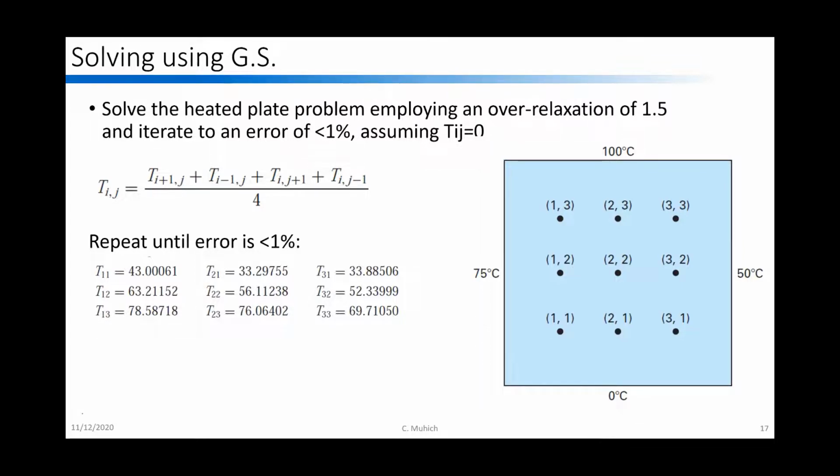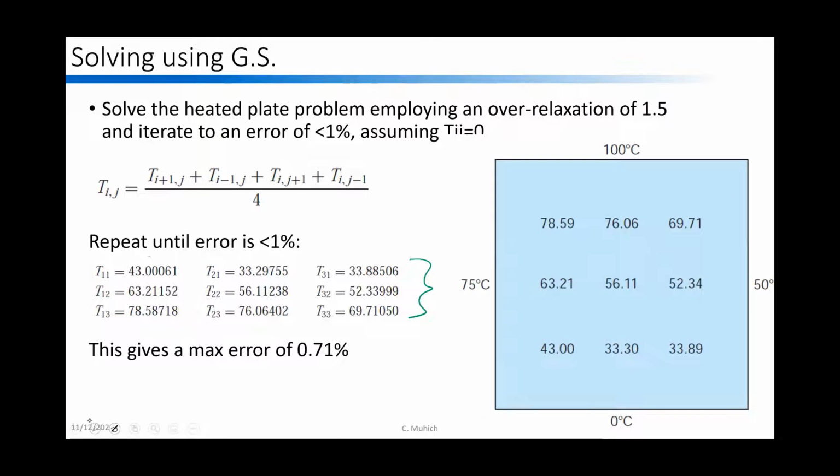After a few iterations, I end up with these values. What we'll find is this gives a maximum error of 0.71% across these values. So we can say that this is our final temperature distribution within our box or oven or heating plate, whatever this system of equations is representing.